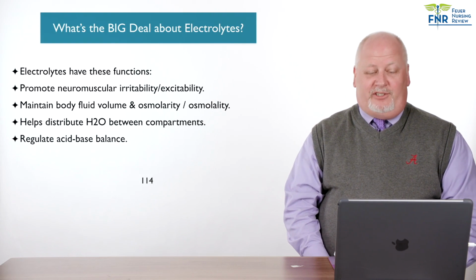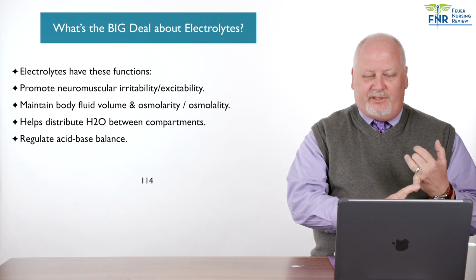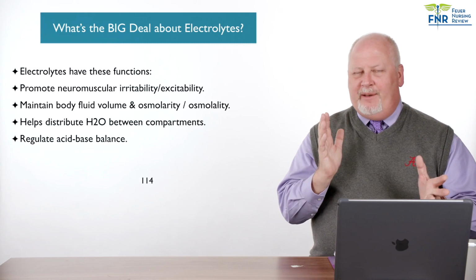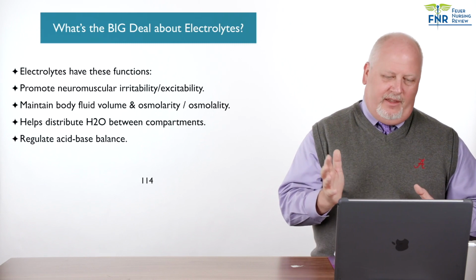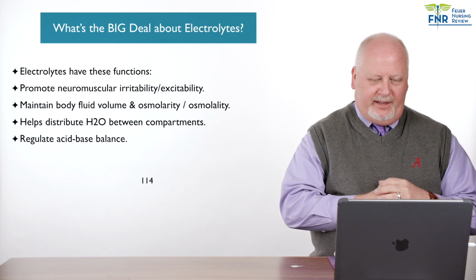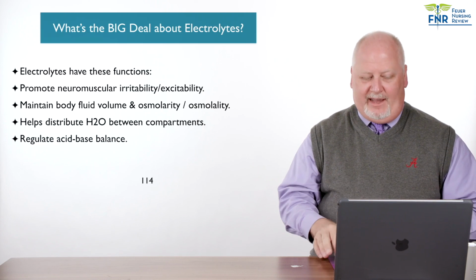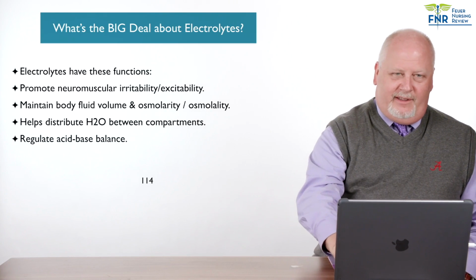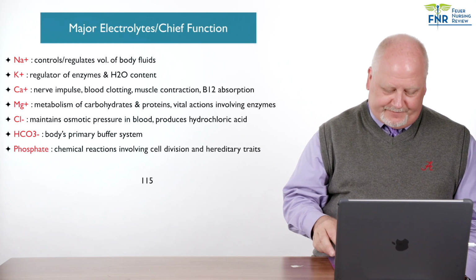Well, they have many functions. They affect neuromuscular irritability. It helps to maintain the proper amount of fluid in the body, including distributing water throughout the compartments of the body, and helps to regulate acid-base balance. So they play a very important and vital role in the body altogether.